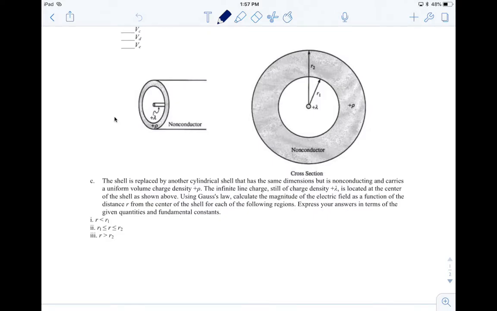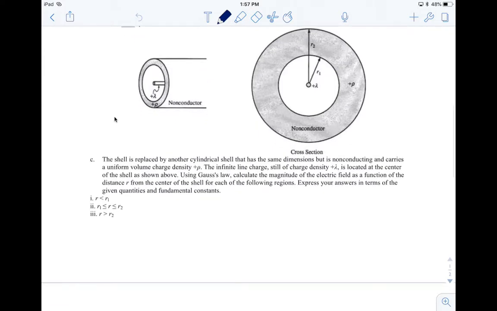So that's charge per length, located at the center. We want to use Gauss's law to find the electric field in those three regions: R less than R1, so that would be in that white area; R greater than or equal to R1 but less than or equal to R2; and then R greater than R2. That's where we want to find the electric field.